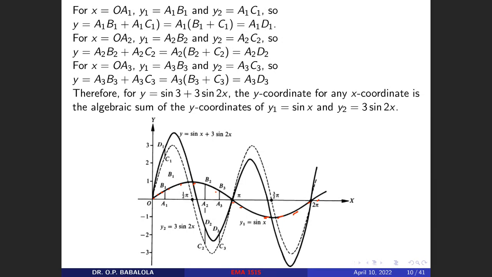Now, if you trace this value here, this is 0.5 from the way it is. Let me just trace it to this axis. This will be 0.5. And here, no, C1 is here.